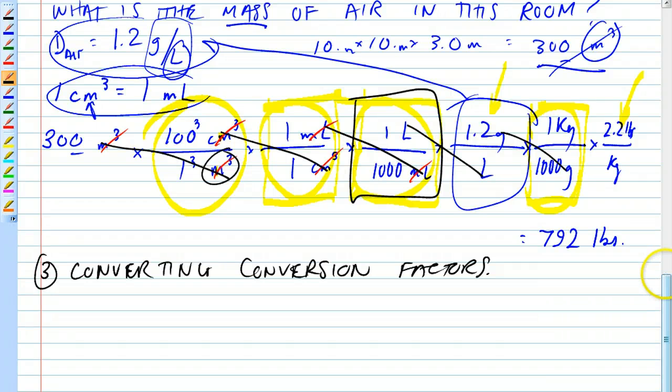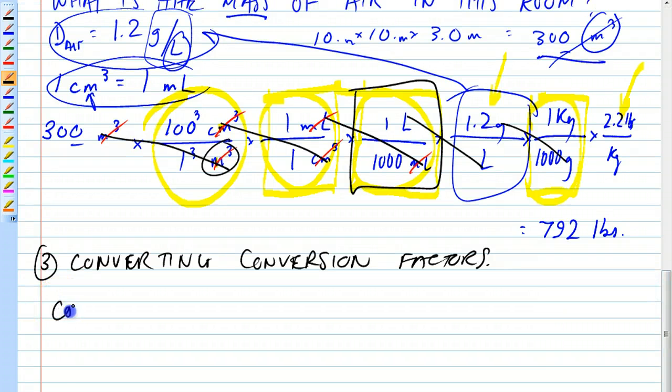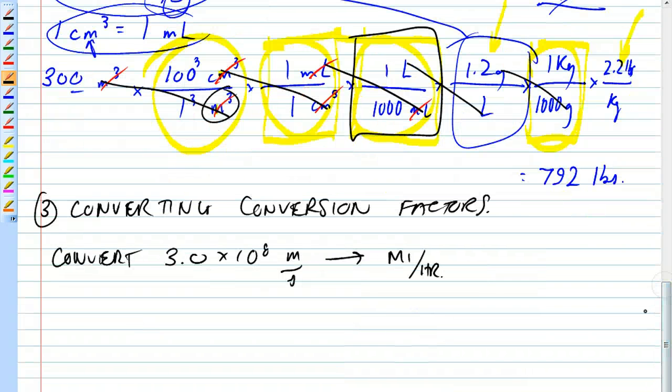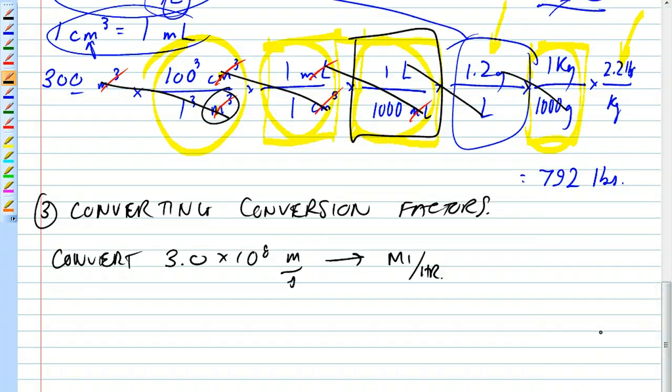So let's say something like this: convert the speed of light, 3 times 10 to the 8th meters per second, into miles per hour. Because that's what we think about speeds in terms of, miles per hour, right? So let's convert meters per second into miles per hour. What's the speed of light in miles per hour? You're going to have to be given a couple things here. I'm not going to give you seconds to hours. I'm going to expect you to come up with that.